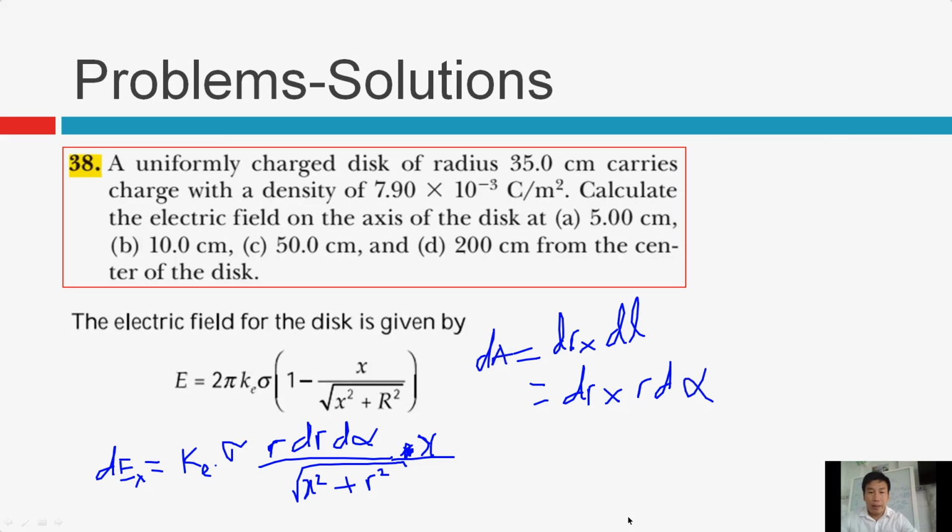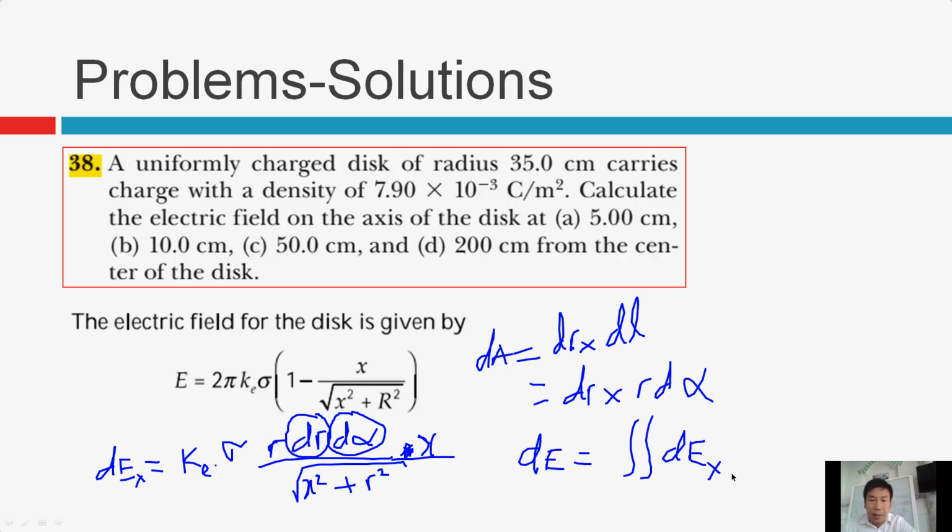Okay, so in here you can see we have two variables. The first is dr, the second is d alpha, right? And the theory told you that you need to calculate E equal the integral of dE_x.